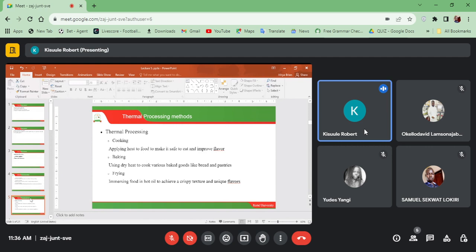And also we are looking at frying, where we immerse food in hot oil to achieve a crispy texture and unique flavors. With frying, we have forms of frying: shallow frying and deep frying. Shallow frying is where the food is not fully immersed in the cooking oil, and we know that cooking oil has a high affinity for heat.